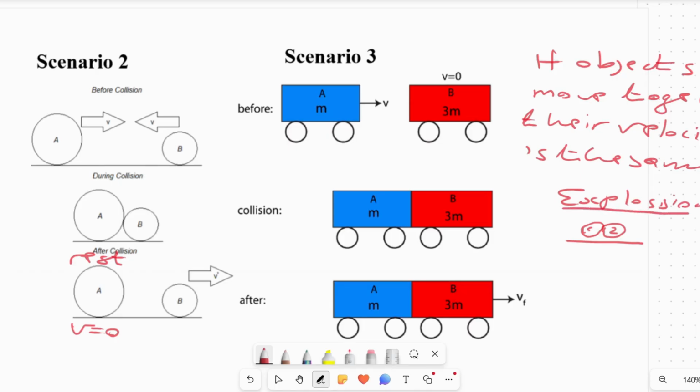So in most cases, an explosion scenario here, then after the collision they move, either in separate directions like that because they exploded. It's important to understand this scenario. Whenever something is stationary, the velocity is going to be 0. Whenever they're moving together, their velocity will be the same. That's very important to understand.